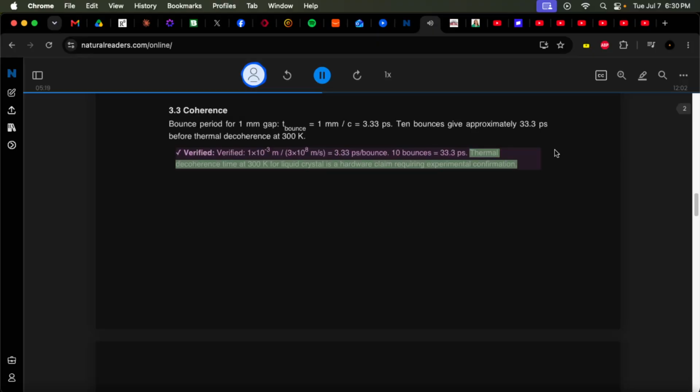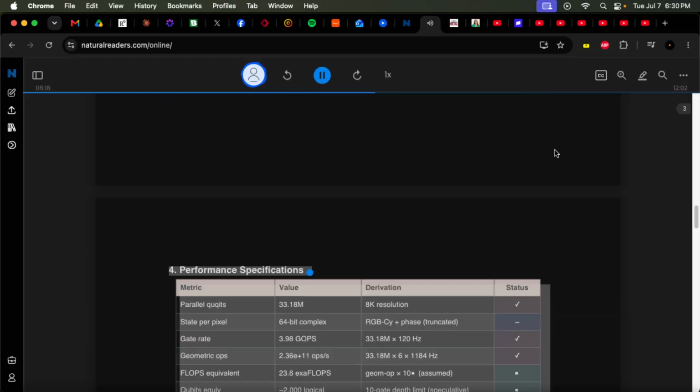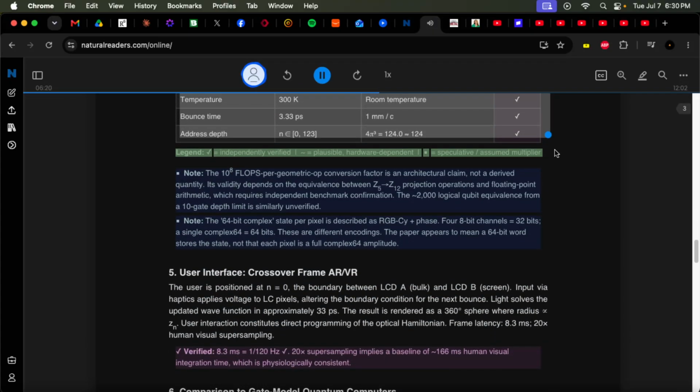Thermal decoherence time at 300 K for liquid crystal is a hardware claim requiring experimental confirmation. Legend: verified equals independently verified, approximately equals plausible, hardware dependent, speculative equals assumed multiplier.